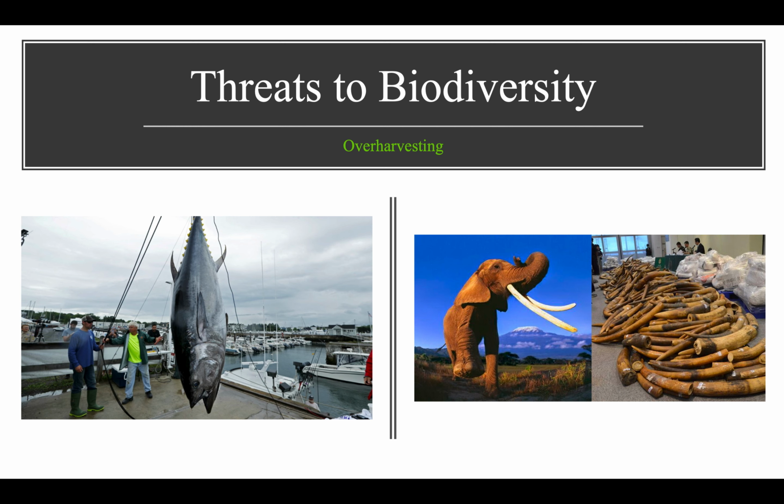So overharvesting is another issue. So here is a large tuna species. Overfishing is a huge issue. Overfishing is an interesting one because it's kind of hard to determine how many of a given species are in the ocean.